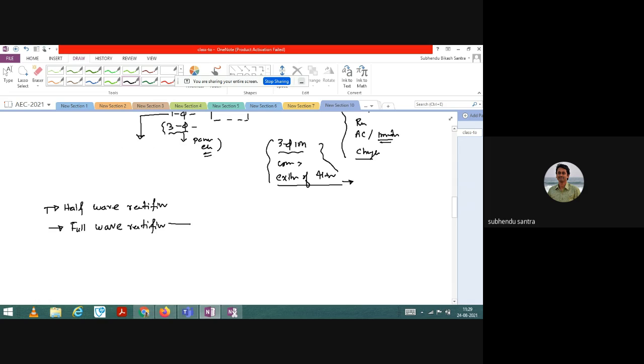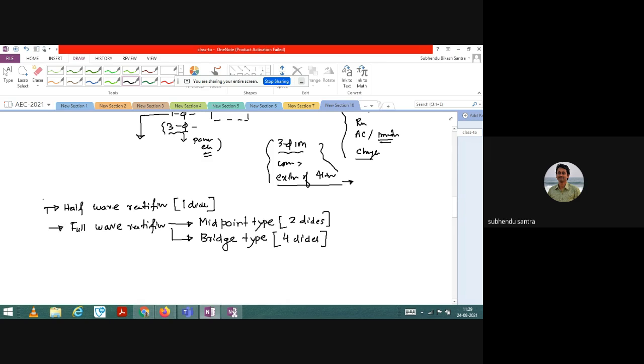The full wave rectifier has two types: one is the midpoint type, and another is the bridge type. For the midpoint type, 2 diodes are required, for the bridge type 4 diodes are required, and for the half wave rectifier you only need one diode.